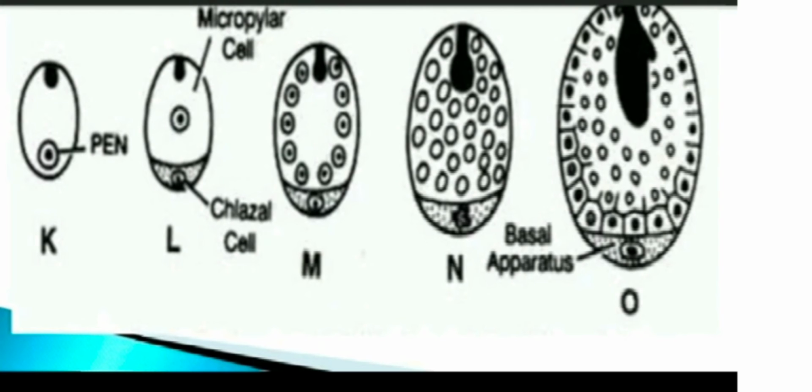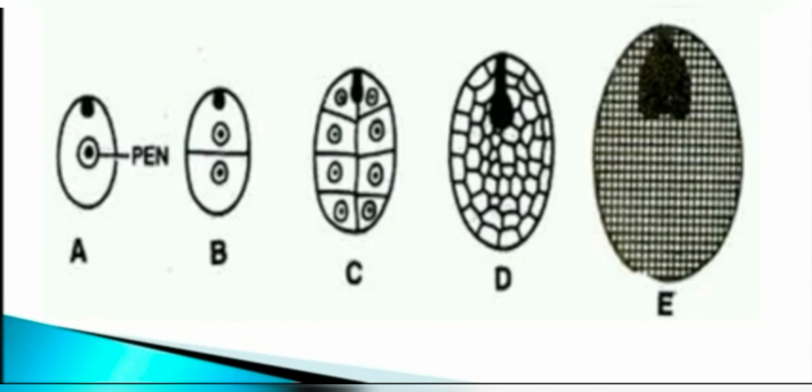The next type, as I told you, is the cellular endosperm. This cellular endosperm is opposite to the nuclear endosperm. There is division of the cells, with wall formation. Let us see here. The primary endosperm nucleus will divide and develop into two cells, and again it further undergoes divisions and develops into 8 to 16 cells, and so on.